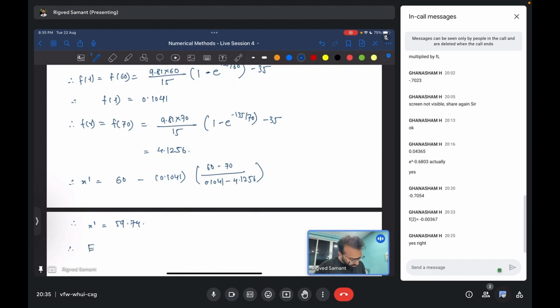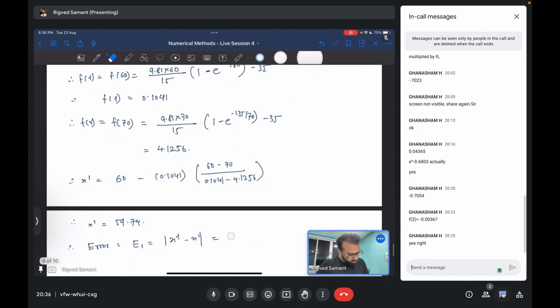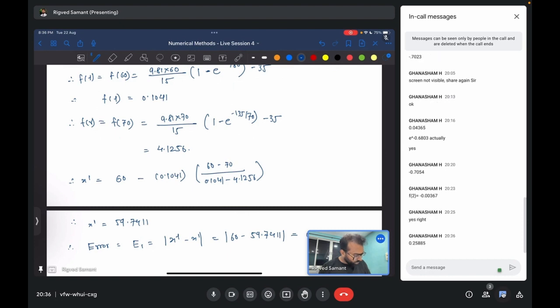Therefore error E1 would be XL minus X1, 60 minus 59.74, or better we'll write 0.2589, right?